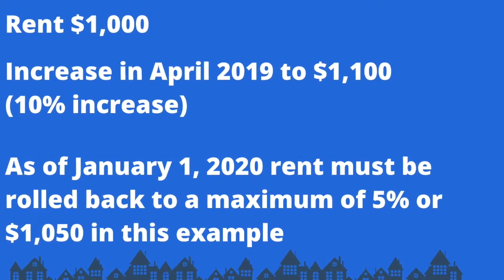So you don't have to pay back the tenant for any of the rent that was paid between April and December of 2018. However, effective January 1st of 2020, the rent has to be adjusted down to the maximum allowed. So $1,050 would be the new rent amount starting on January 1st. I'm keeping it simple by not adding the inflation clause that's included. You can do those calculations on your own. I just wanted to give you a simple example of what that means.